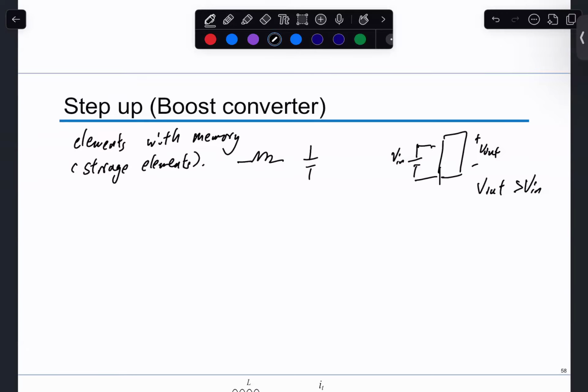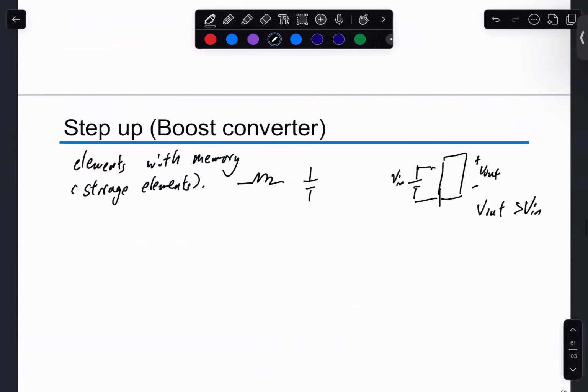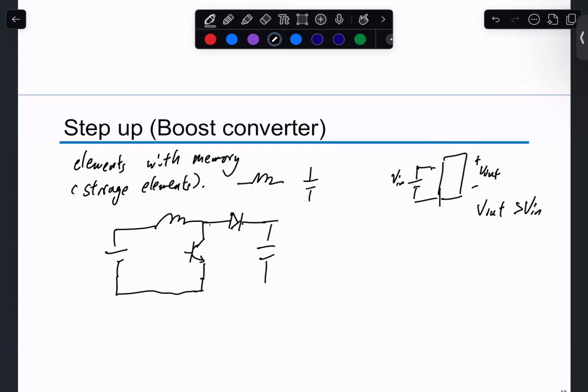And the idea is to put the inductor and capacitor this way. So it's not entirely trivial to come up with this circuit design. So here we're going to treat it as given. And we're going to think of this bipolar junction transistor as our switch. So we have an inductor in front. We have a diode to make sure current flows the right way.